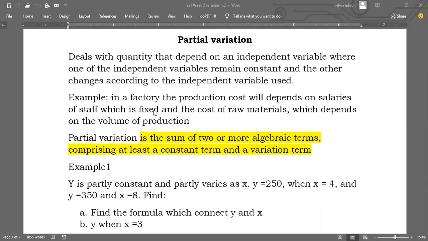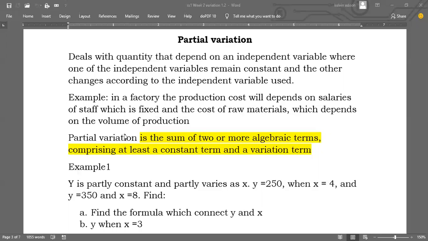And I'll give a typical example. As in a factory, the production cost depends on the salaries of staff, which is fixed, and the cost of raw materials, which depends on the volume of production. So the cost of raw materials is not fixed.